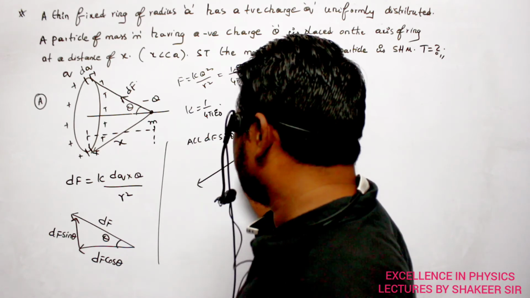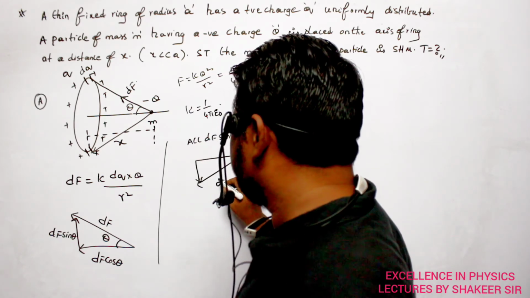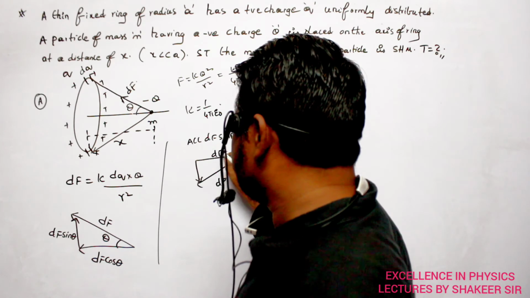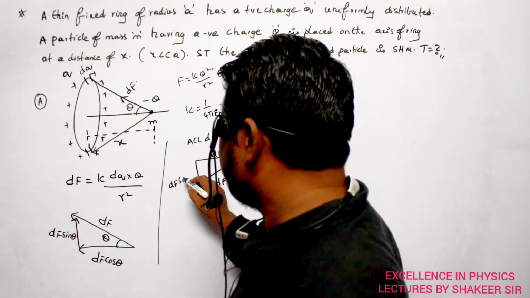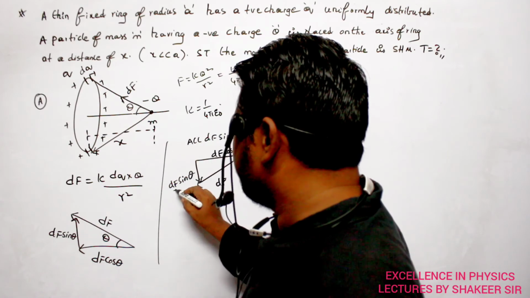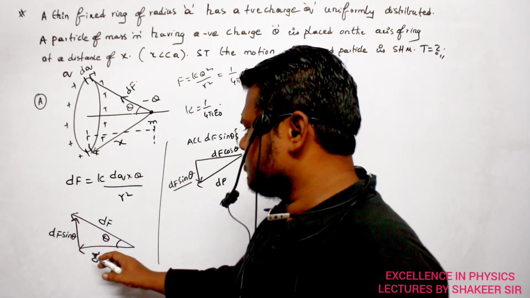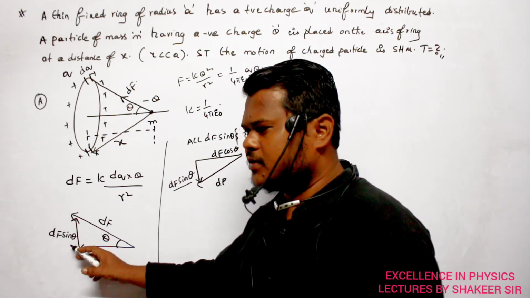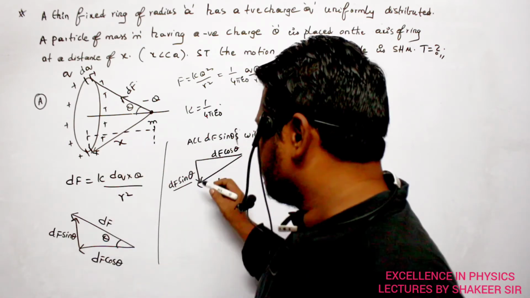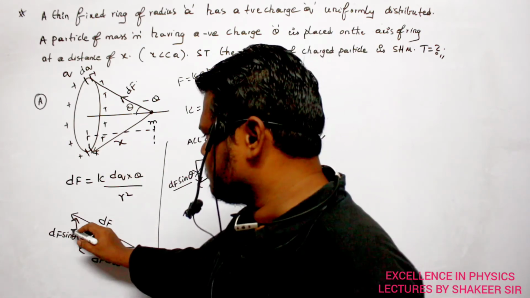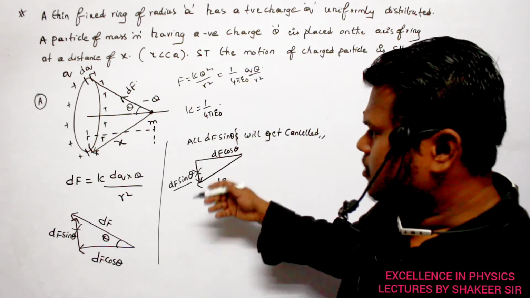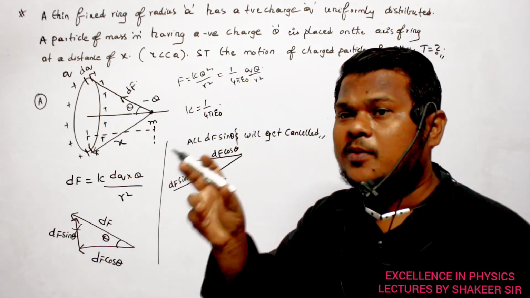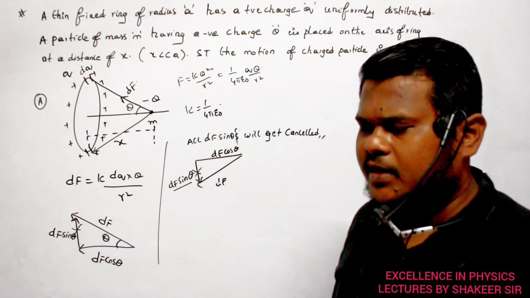This is df cos theta, and this is df sin theta. This df sin theta is in downward direction, but this df sin theta is in upward direction. So they will get cancelled. It means all the df sin thetas, because of opposite elements, will get cancelled.